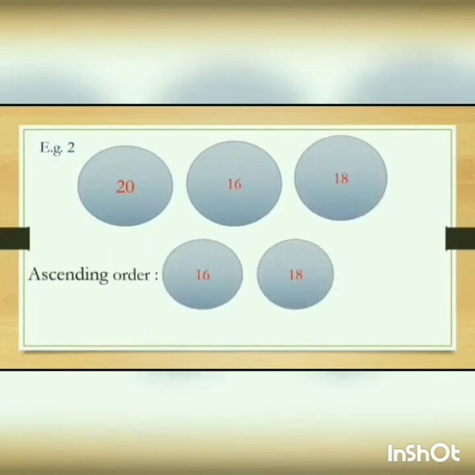Example 2. Here are some numbers. Let us read: 20, 16, 18. We have to arrange these numbers in ascending order. So, in ascending order, first comes the smallest number. Which one is the smallest number? 16.